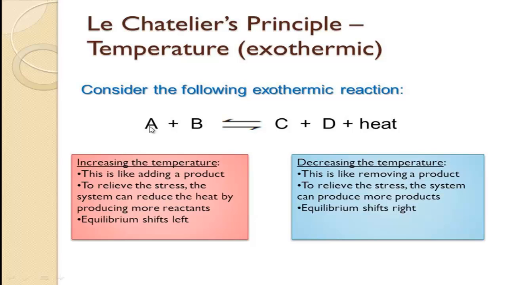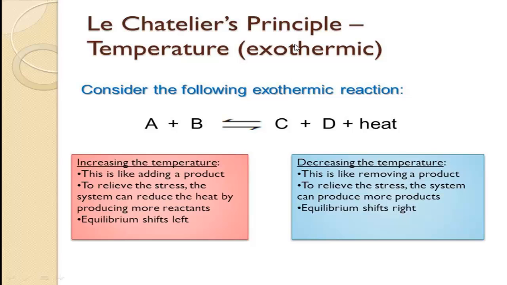So if we increase the temperature of this reaction, the endothermic reaction rate should be increased, isn't it? The backward reaction is endothermic, so the equilibrium position will shift to the left side. Shifting to the right means the forward reaction rate is increased, and shifting to the left means the backward reaction rate increases.